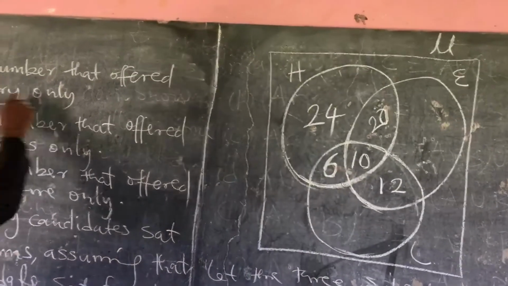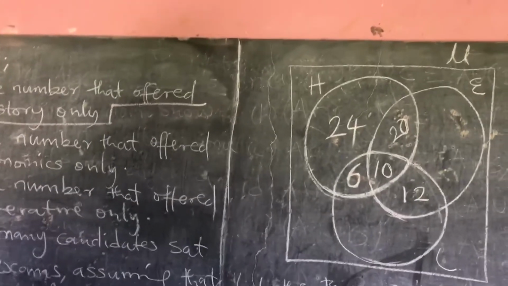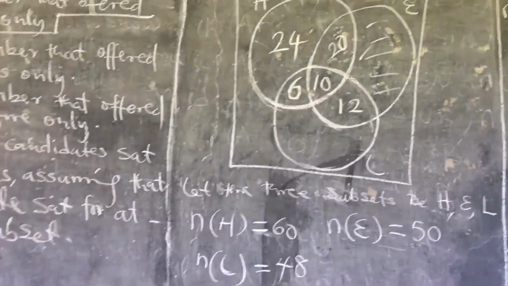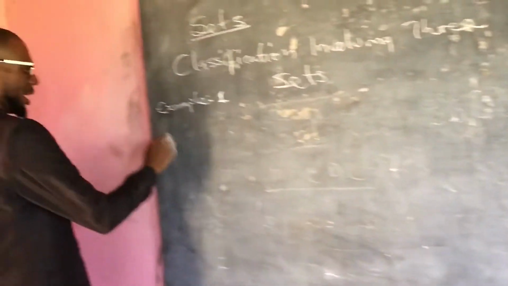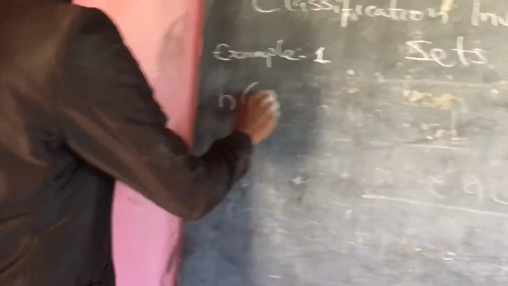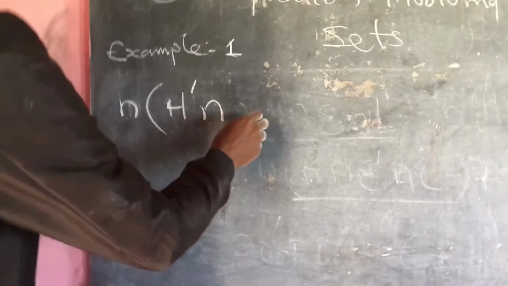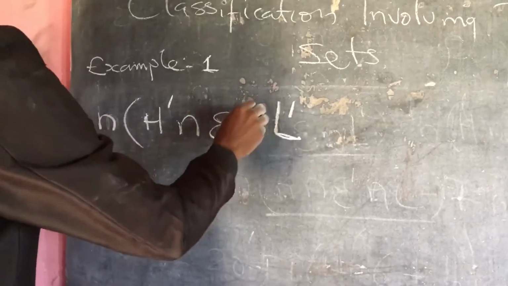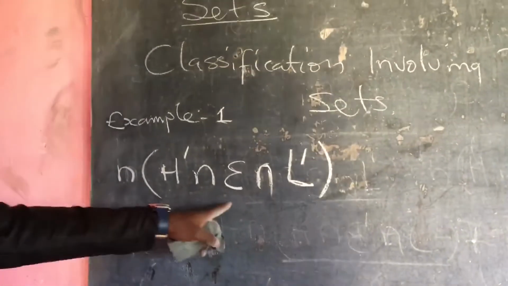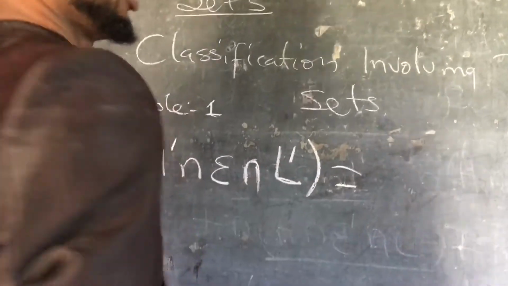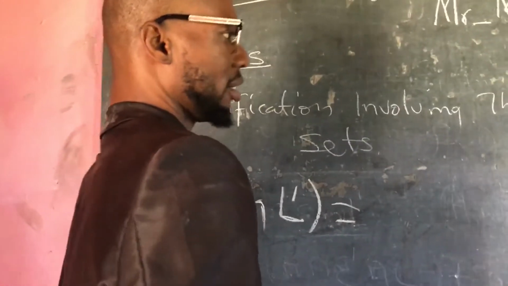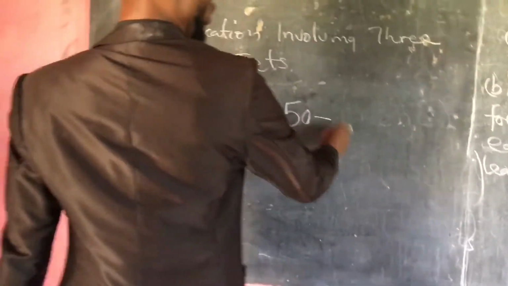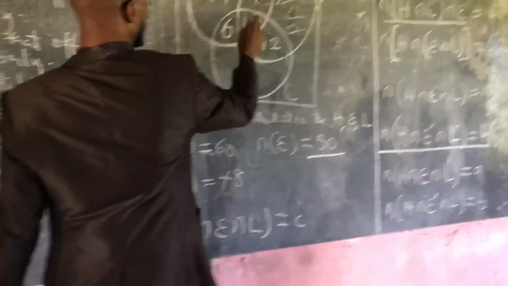We have answered the first question. The second one asks for the number who offer economics only. Economics only is the number of H complement intersect economics intersect literature complement. Now they offer this one only. To get this one, we just take the set of E, which is 50, then we minus all these ones here.